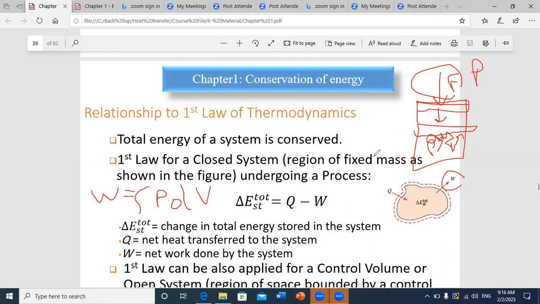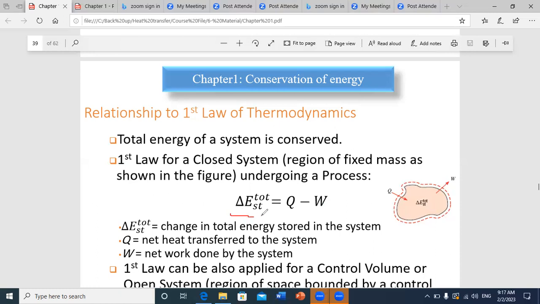So whenever you have change in volume due to action of pressure, you can have production of work. So any closed system can exchange with the surrounding energy in form of heat or in form of work. We'll discuss in more detail how to calculate work in a future chapter. But now we should know that because of energy conservation, the energy that is stored by a system is mainly due to a balance between heat and work.